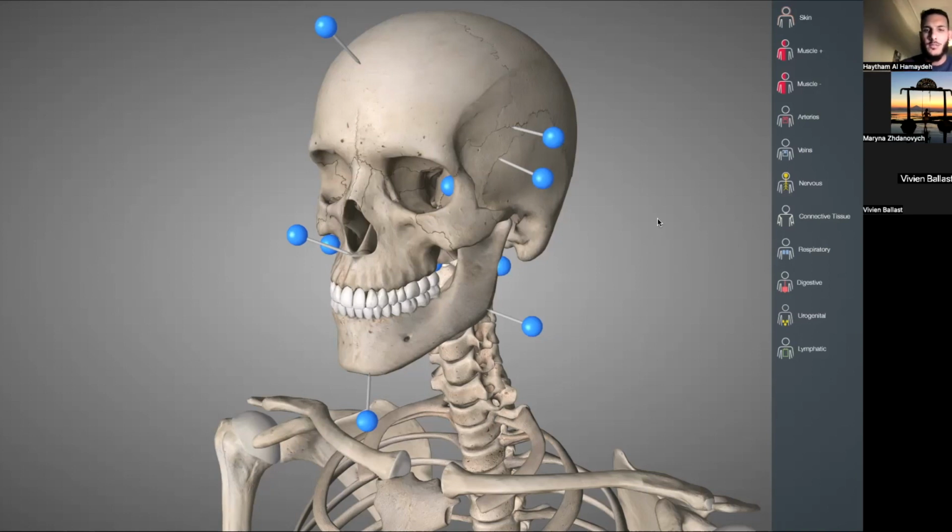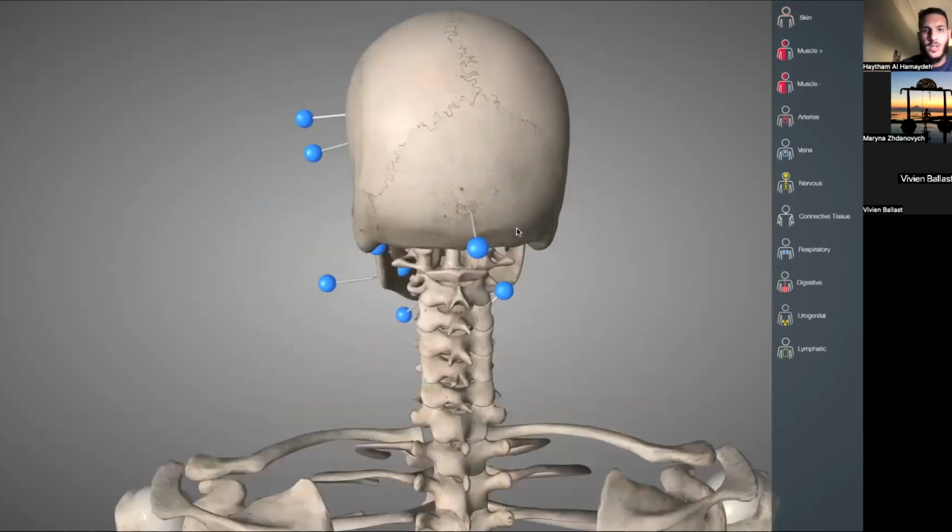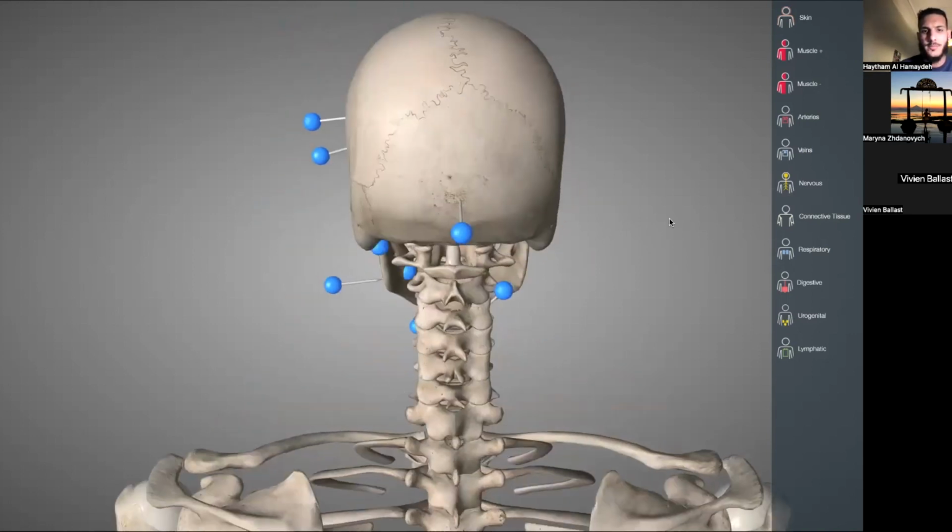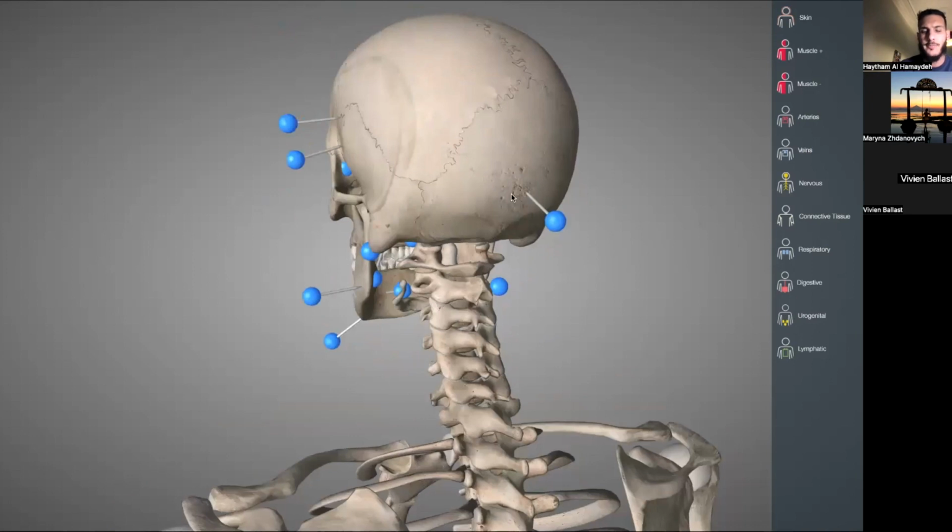Okay. Number 9. This pin right here. It's number 9. Number 9.